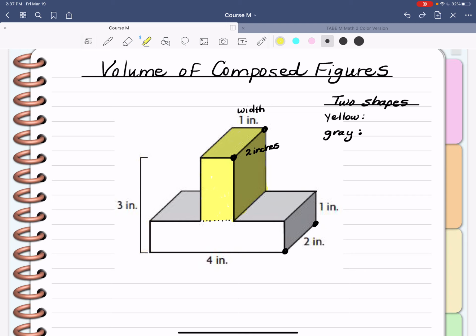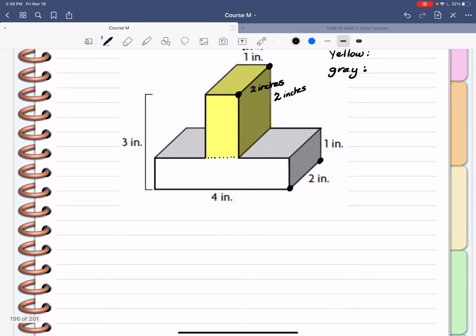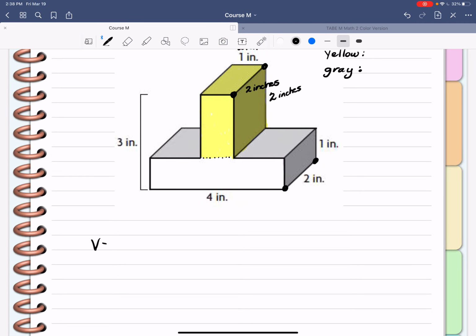So 3 minus 1 gives me a height of 2 inches as well. So for the yellow box, I'm going to say volume is length times width times height. Volume is 2 times 1 times 2. So the volume of that yellow box is 4 cubic inches.